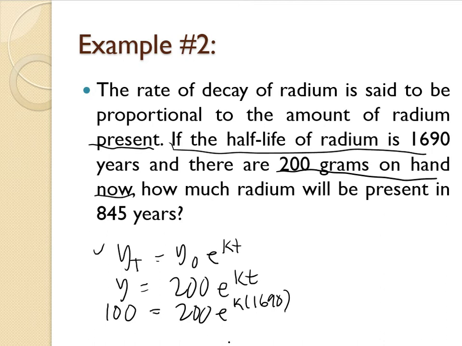Okay, so we can further simplify this one. We move the 200 to the left side by dividing both sides by 200. So 100 divided by 200, and the 200 on the right disappears.